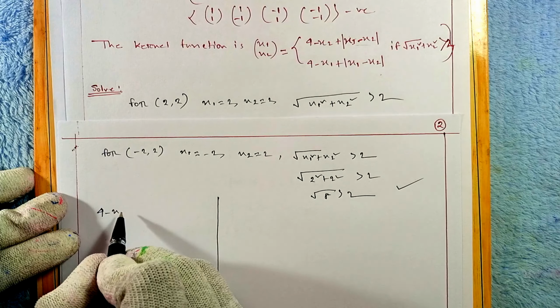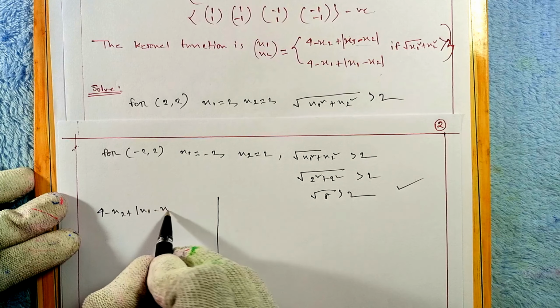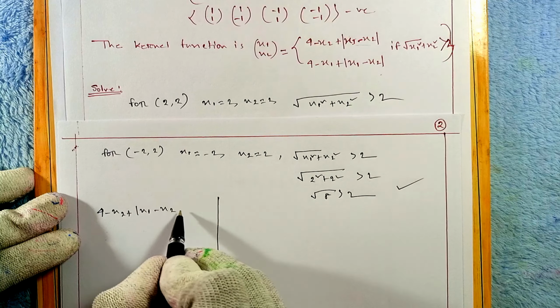4 minus x2 plus x1 minus x2, and the other function is 4 minus x1 plus x1 minus x2. We know the value for x2 is 2, so 4 minus 2, plus x1 which is -2, minus x2 which is 2, so minus 2.